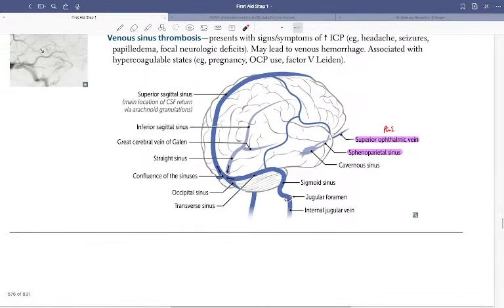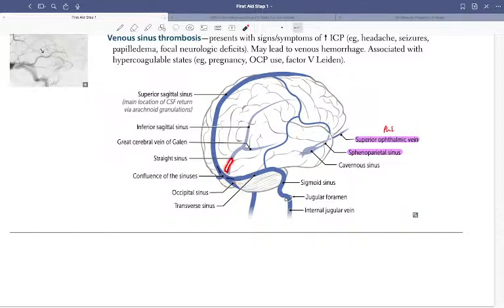Now the jugular foramen, which leads to the confluence of sinuses. You have the superior sagittal sinus, the straight sinus, the two transverse sinuses, two sigmoid sinuses, and the occipital sinus.